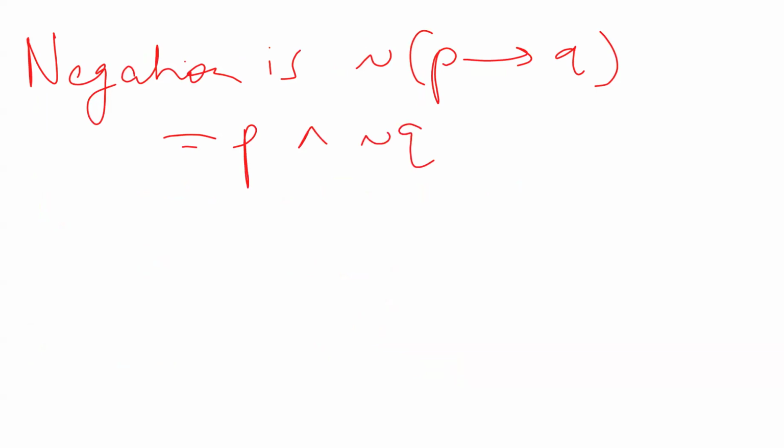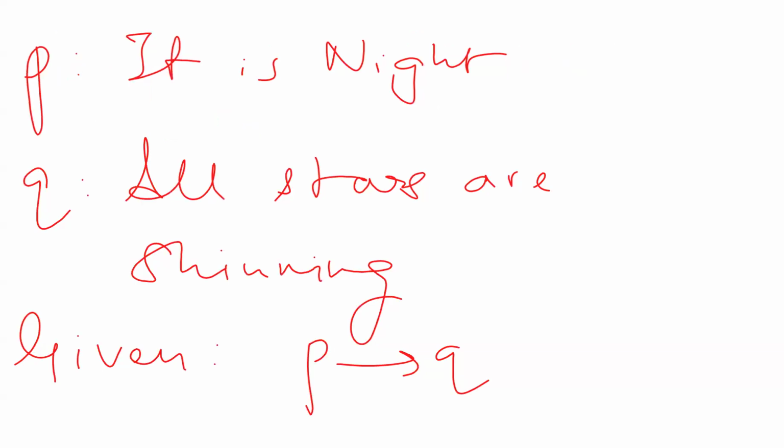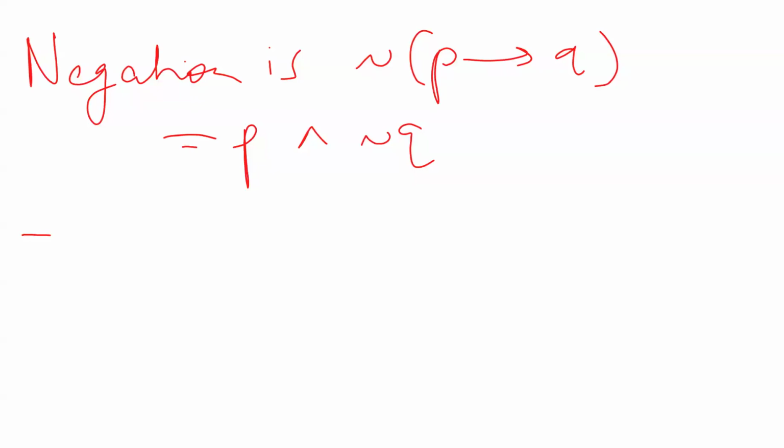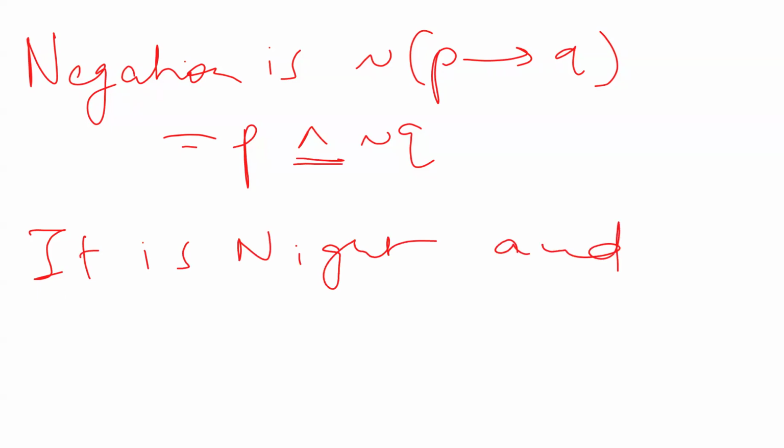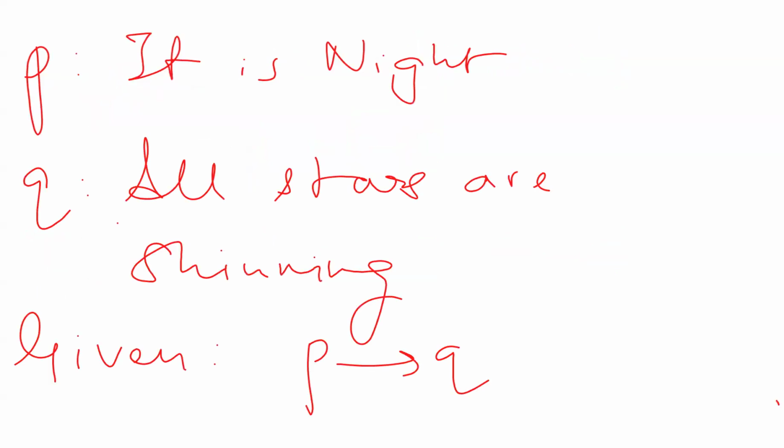Now verbal form. P is what? It is night. Don't write the if now. It is night and negation of Q. So what is the negation of this statement?